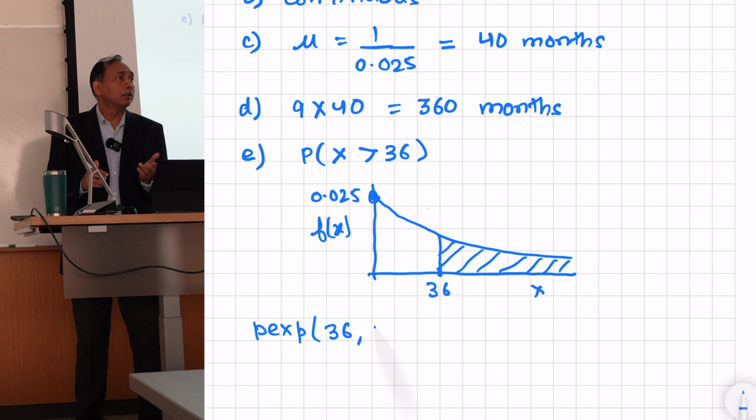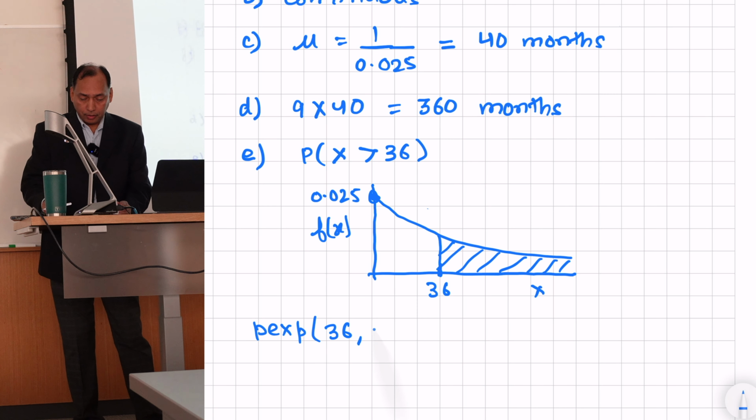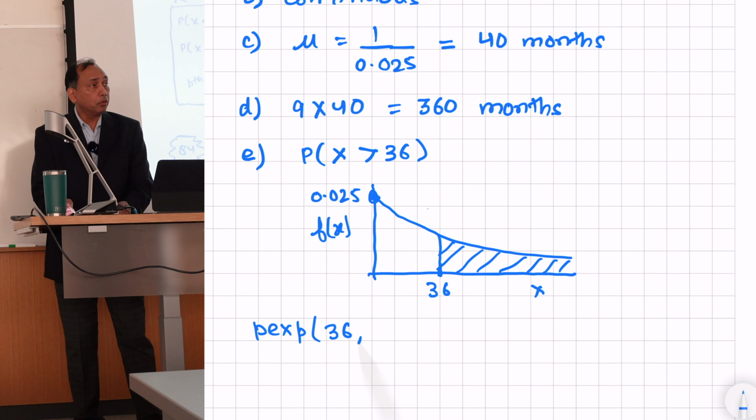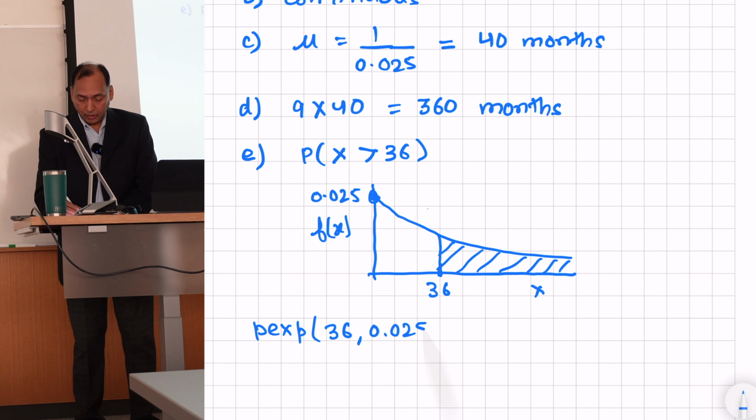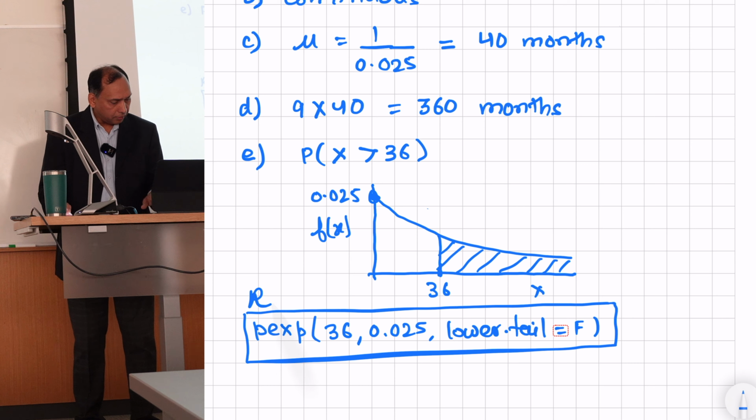Would it be 40 is the mean? Average is 40, but we always use 1 over average, that's the decay factor. So 1 over average is 0.025. So this is the number that we use, 0.025. And because it is in the right tail, we say lower dot tail is equal to false. So once you plug in, you get 0.4066.